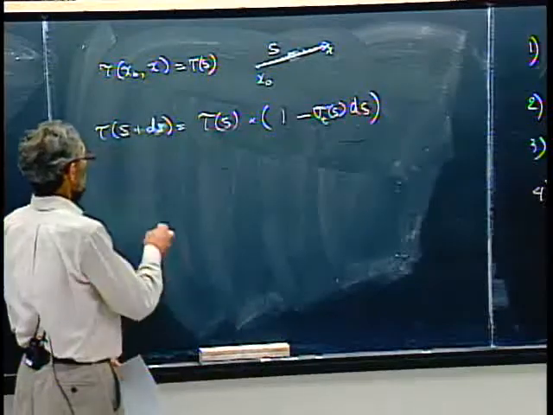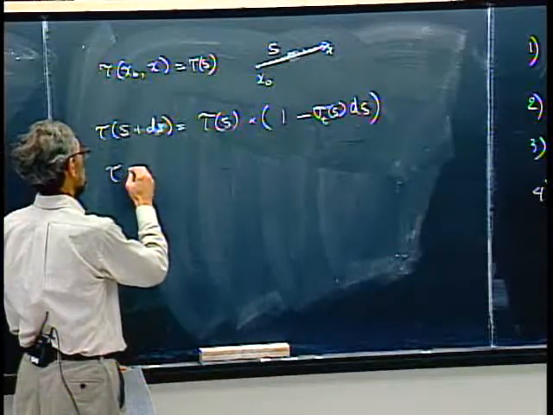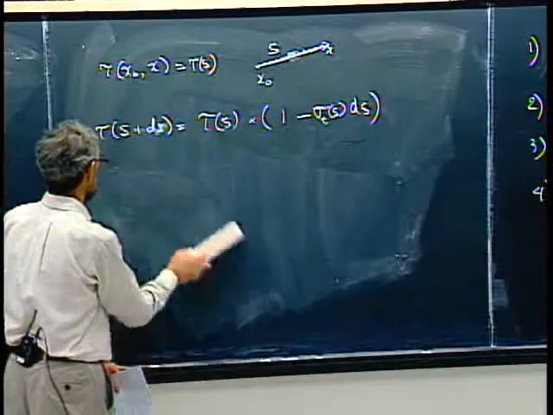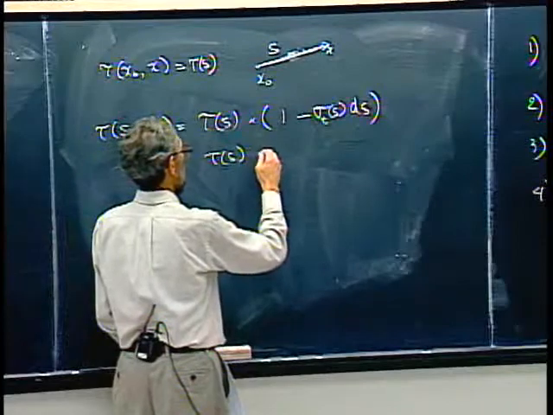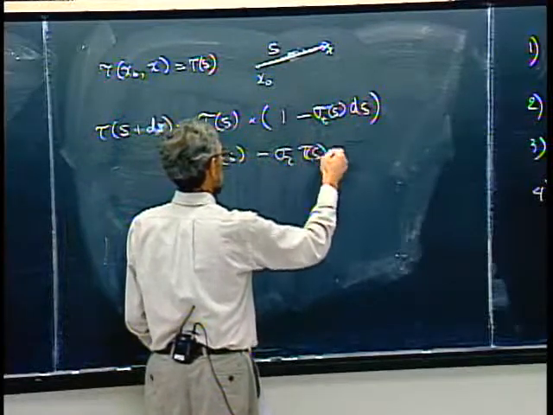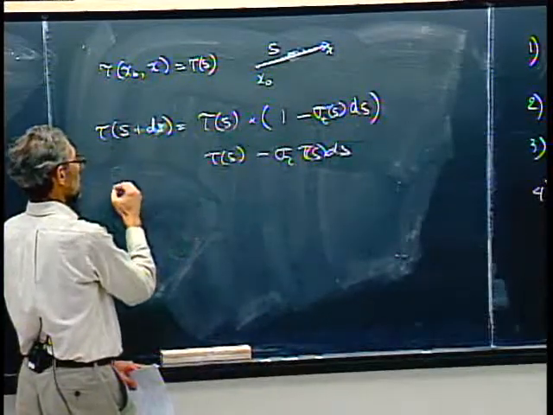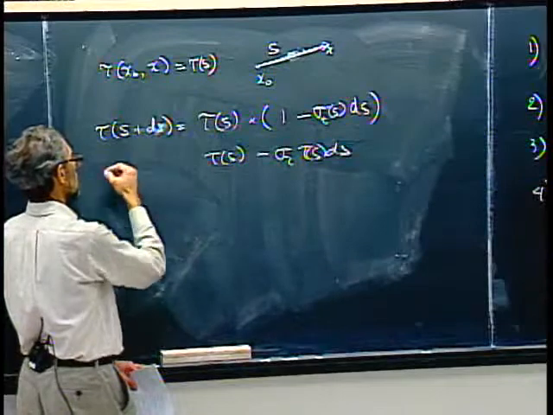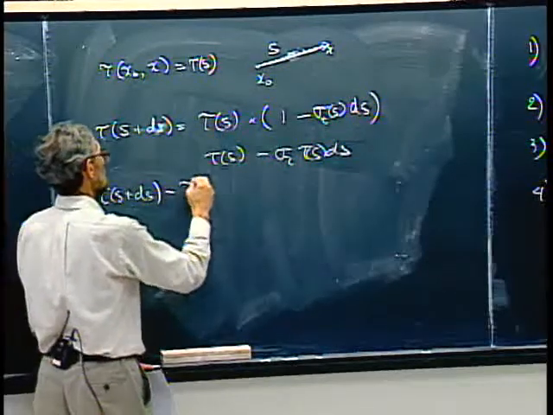And so this is like deriving a differential equation. Because if we multiply this through, this is tau of s minus sigma t tau of s ds. And then we can subtract this from both sides: tau of s plus ds minus tau of s.